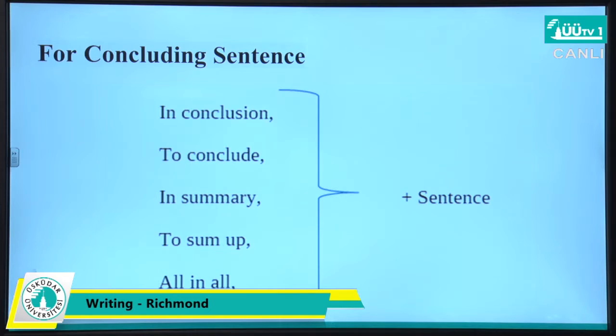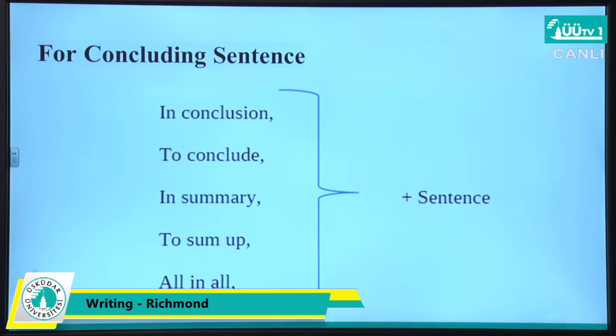So again, before starting the concluding sentence, we need to use some signal words. We can start with in conclusion, to conclude, in summary, to sum up, all in all. After using these signal words, we can start our concluding sentence.